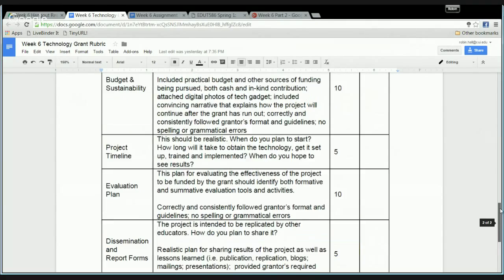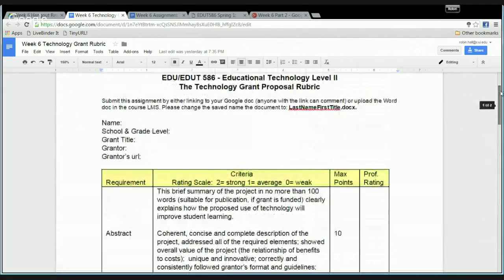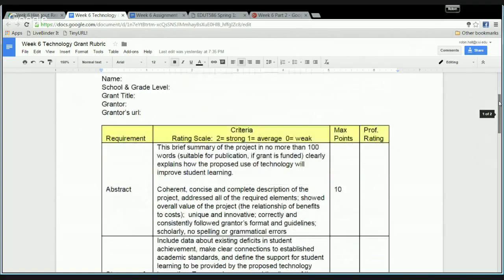Now, remember, not all grant applications are going to have these same areas, but most are going to be very close. If you choose a grant application that doesn't line up exactly, then I'll be looking at the application you've chosen, other than the OCCUE grant application, and at the parts that are required.